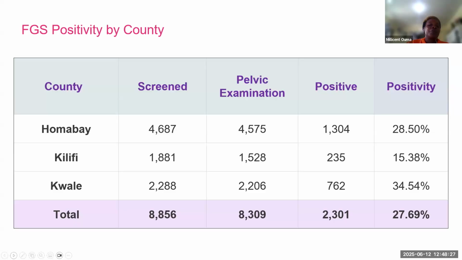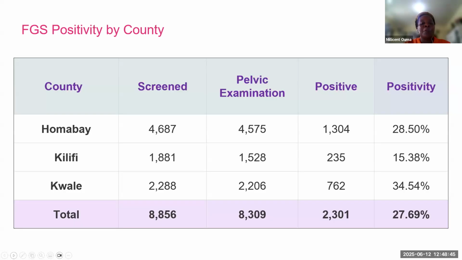Okay, so this is positivity by county. As I said earlier in my intro, we had a number of facilities participating: for Homa Bay we had 2, Kilifi 3, and Kwale 4.